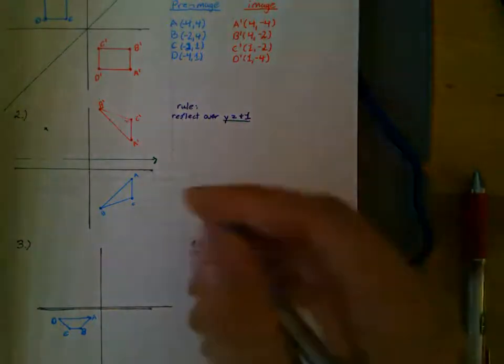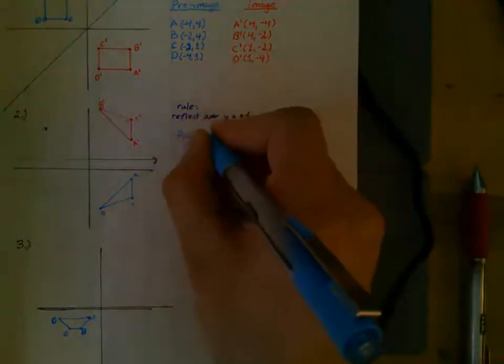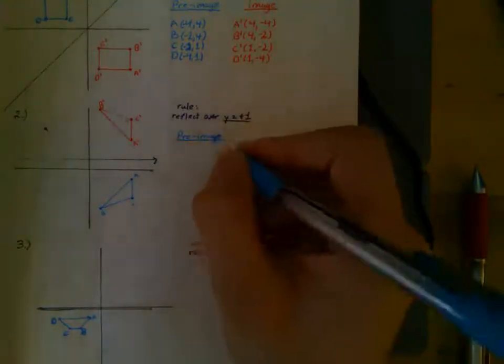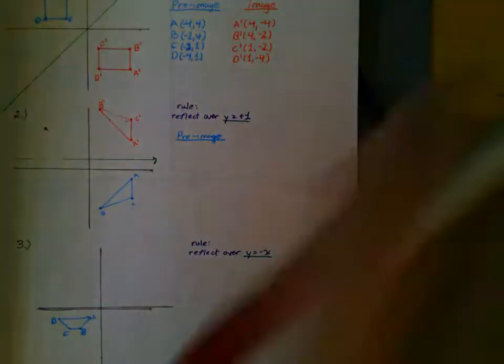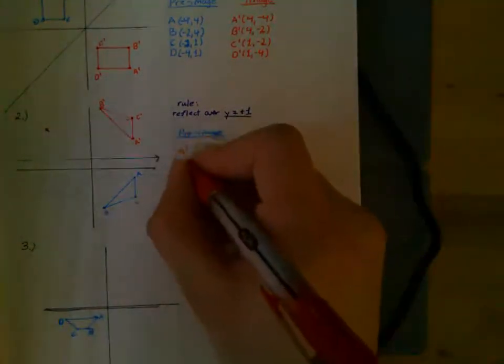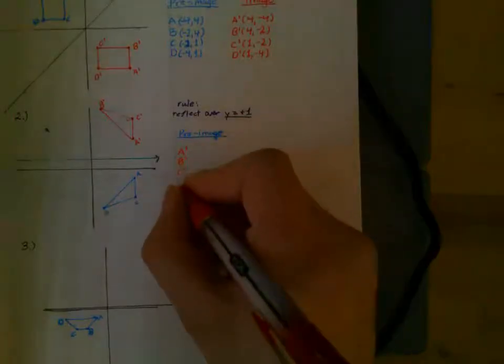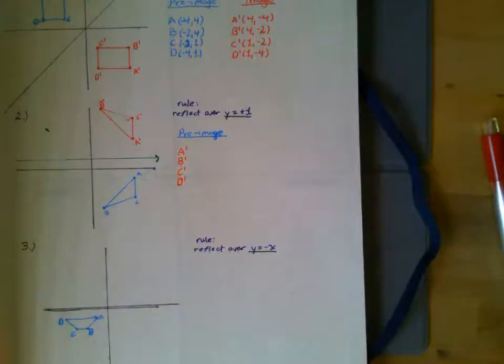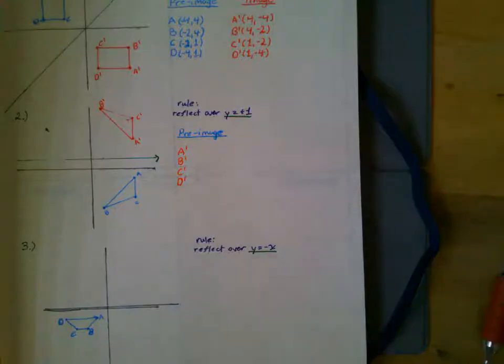So for our pre-image, A prime, B prime, C prime, and D prime, okay. Oh, and I just did it in the wrong spot. Oops.